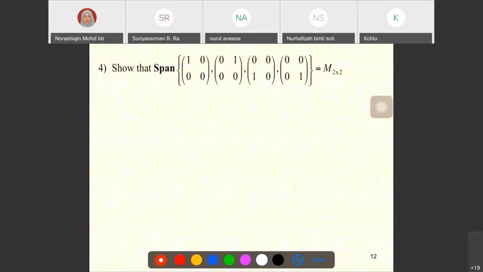Okay, number 4. Find the span of, oh, you already have it here. Show the span of those matrices in M2 by 2.